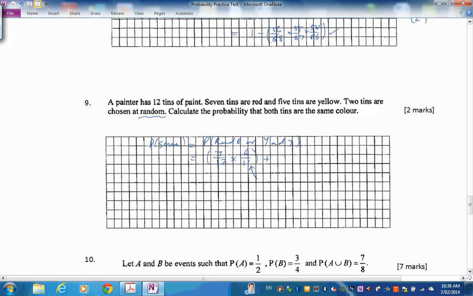Even if you pick them up at the same time, you can't still be out of 12. Okay, so yellow is 5 on 12 by 4 on 11. So that's it, they're the same colour.